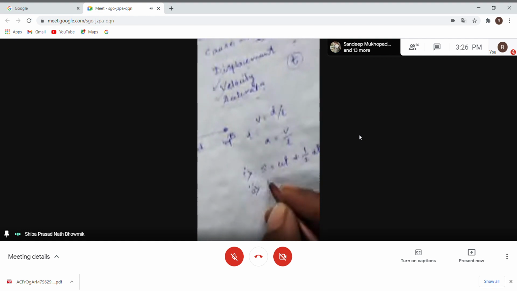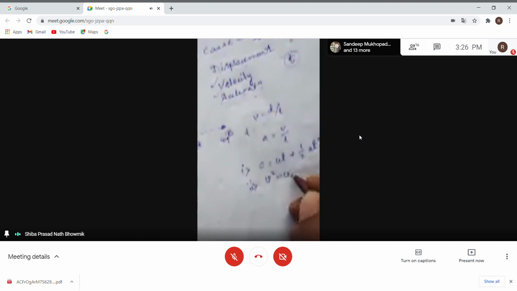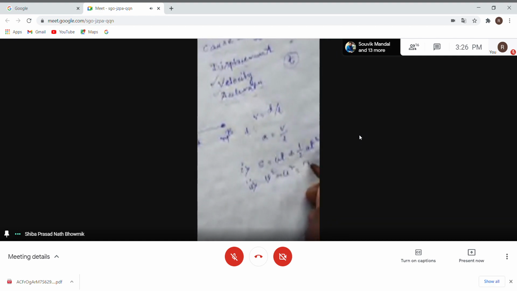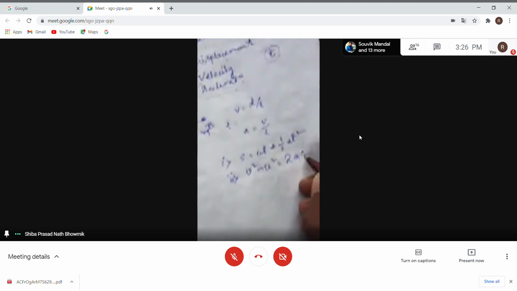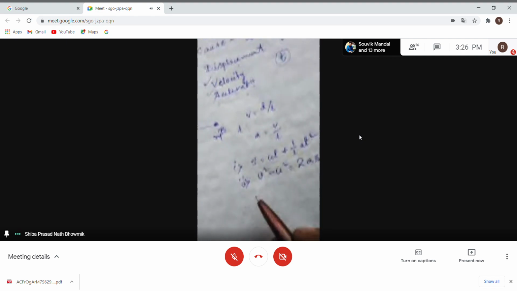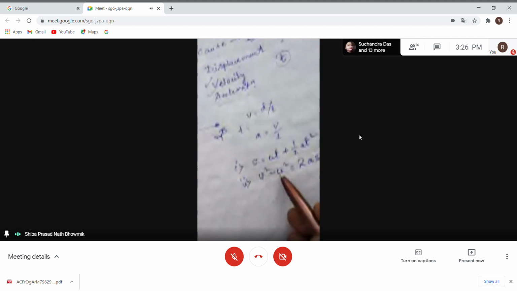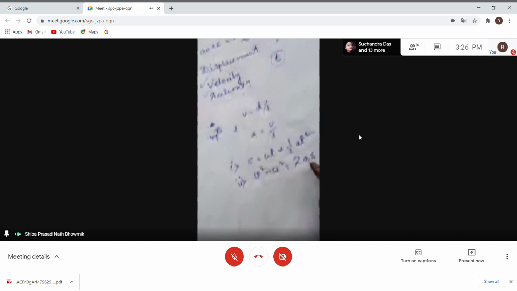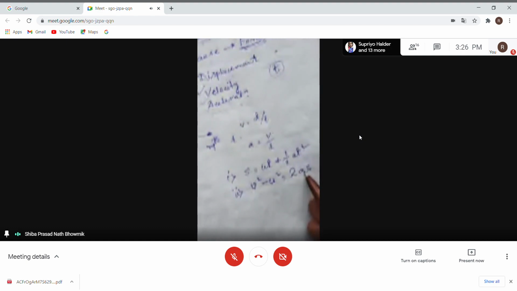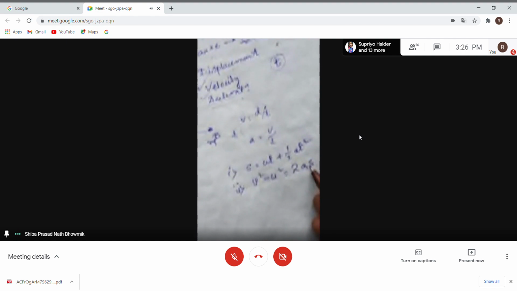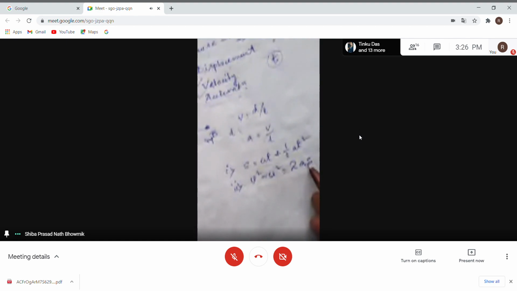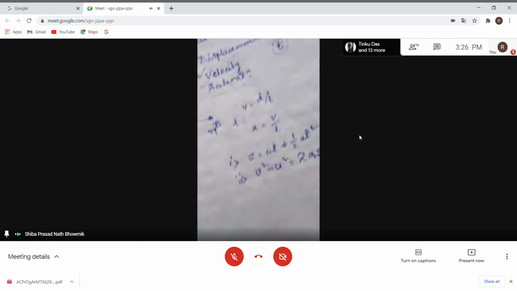So v square minus u square equals 2as. v is the final velocity, u is the initial velocity, a is the acceleration of the object, and s is the displacement of that motion or of the object.